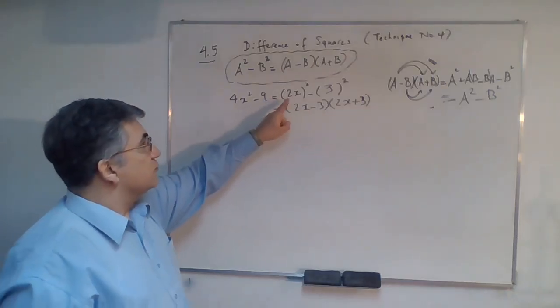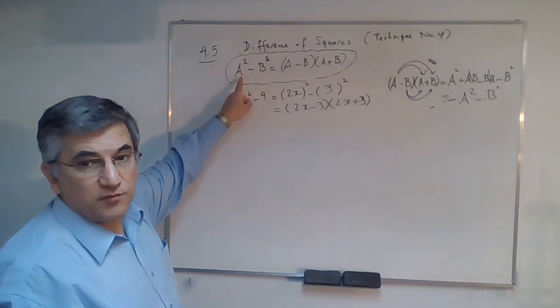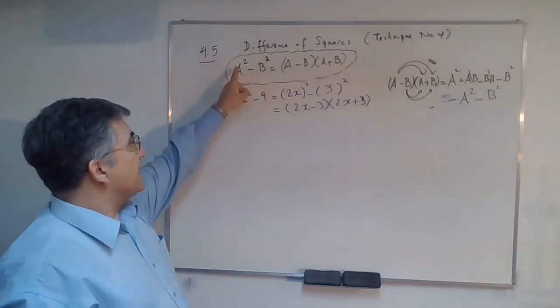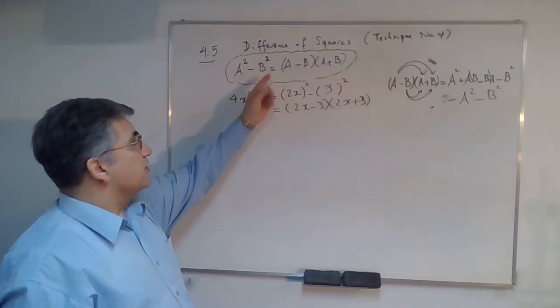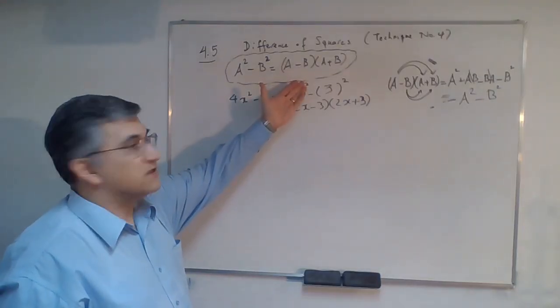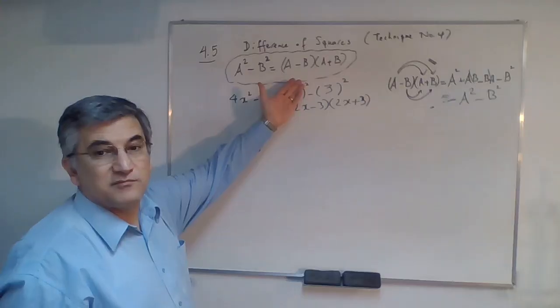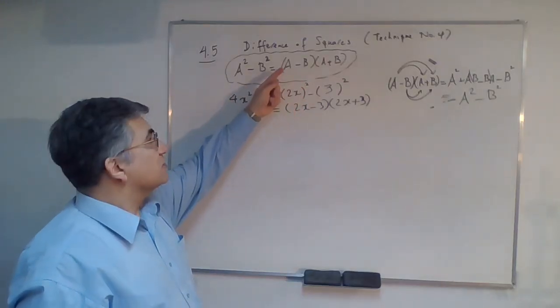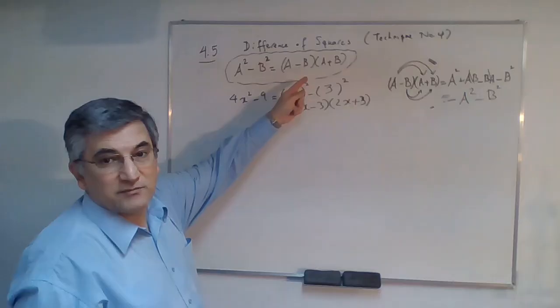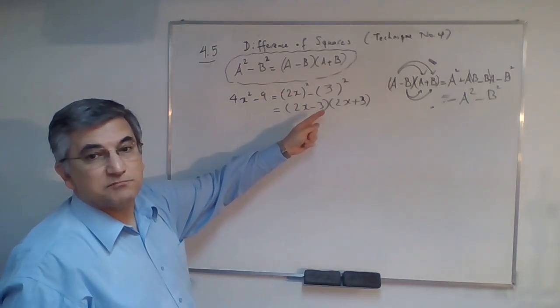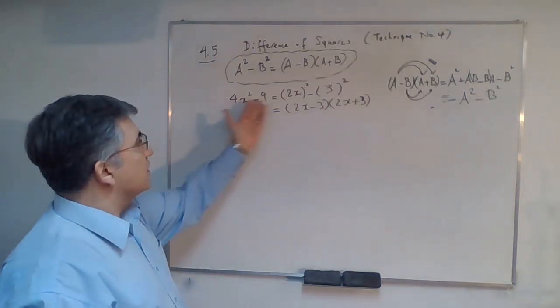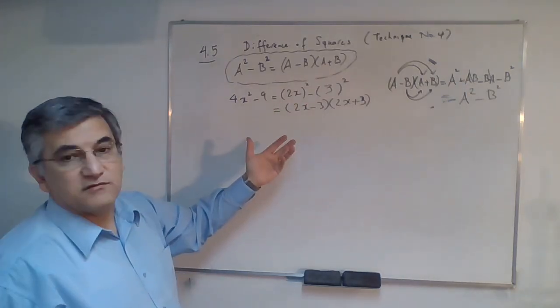If you just compare it with the difference of squares formula, you will figure out that A is 2x and B is 3. So the answer is just in front of us. We just have to cheat from the formula, so to speak. So the answer is A minus B times A plus B, which would be 2x minus 3 times 2x plus 3, okay? So this is one way of factoring.